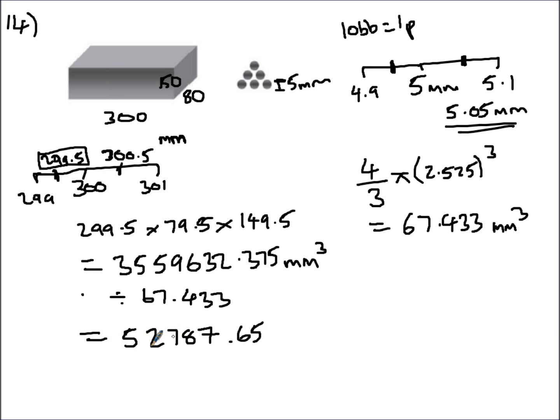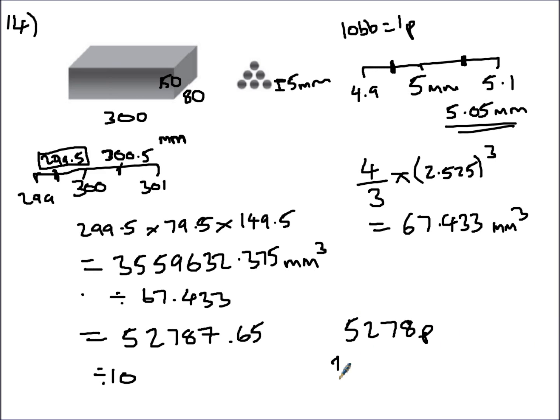Now that's the number of ball bearings. So if we divide that then by 10, because every 10 ball bearings you make a penny, that'll give you 5,278, I suppose 0.7. That's the number of pence.